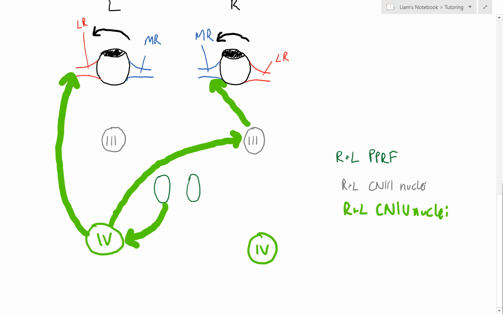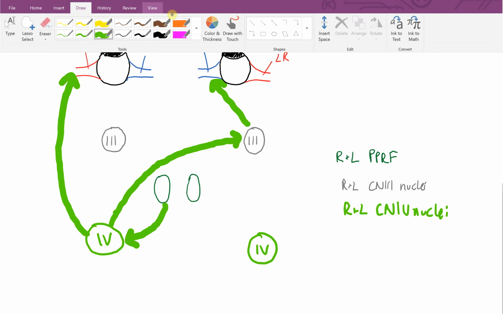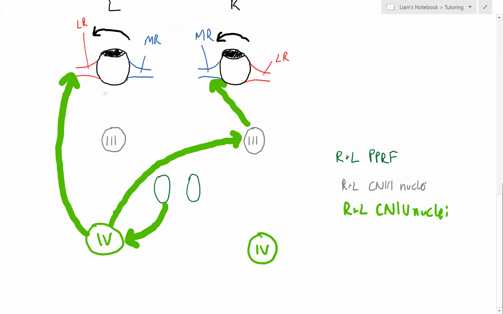However, we can't just activate muscles in order to turn. We also need to inhibit the opposing muscle, the antagonistic pair. So if we now do those in red, this was an excitatory burst neuron, and this is an inhibitory burst neuron.